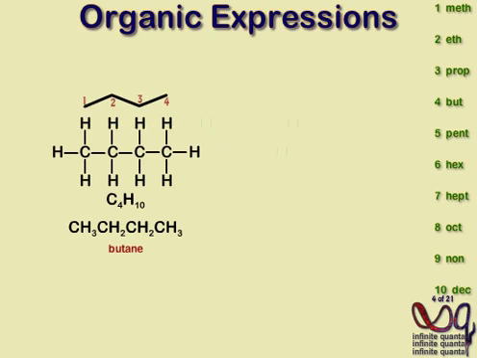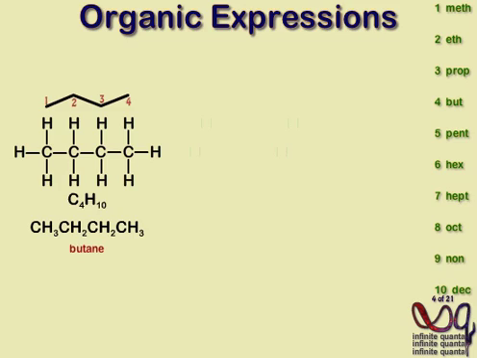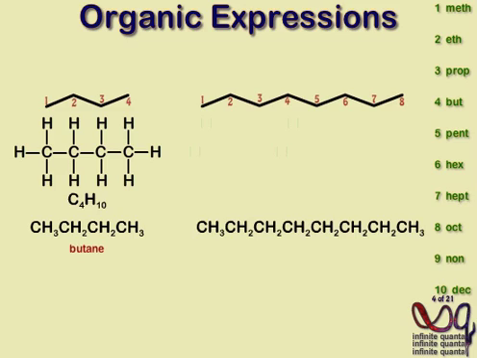Draw octanes in stick and condensed form. See how you do. Octane. It's the stuff in your gas tank. And we reacted that with oxygen also. 2, 3, 4, 5, 6, 7, 8. CH3. CH2. CH2. CH2.